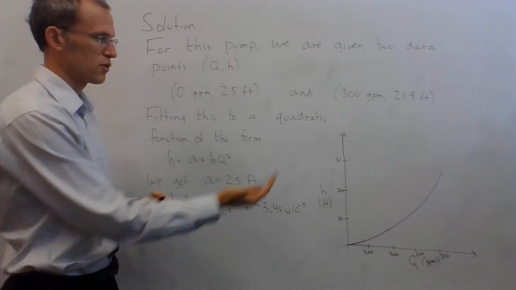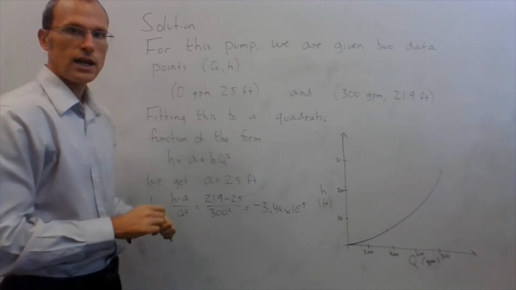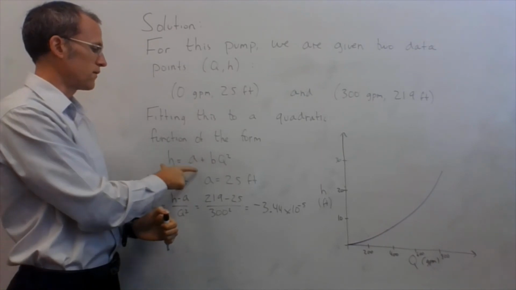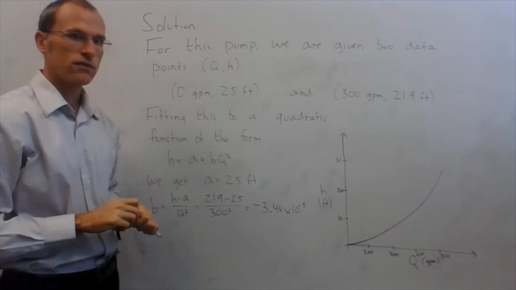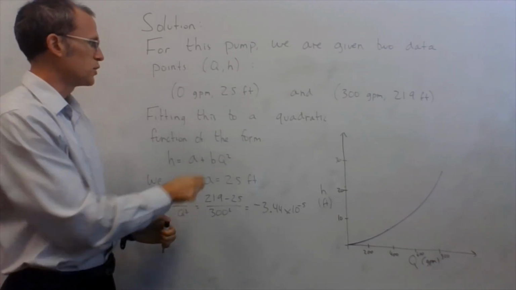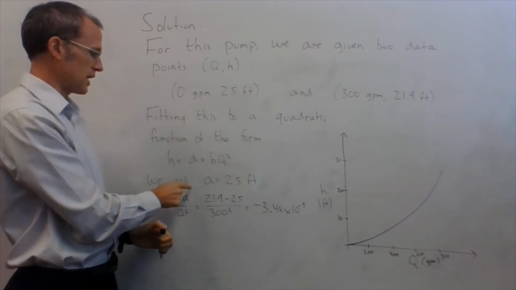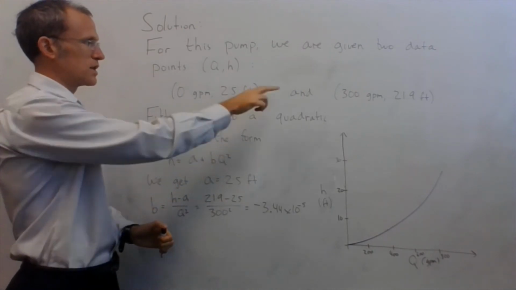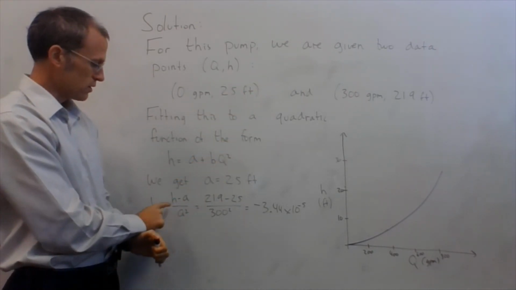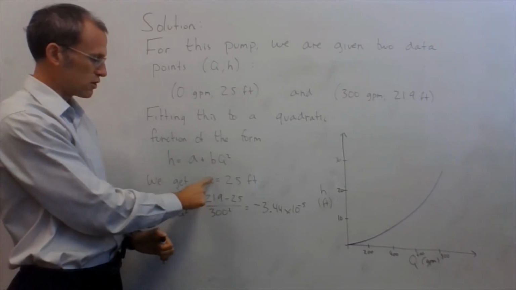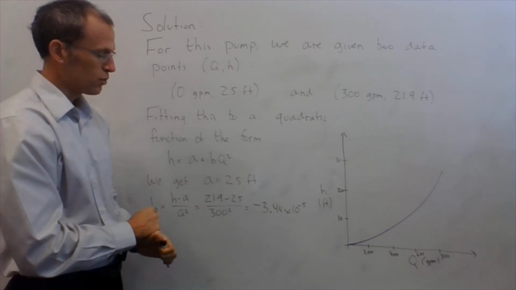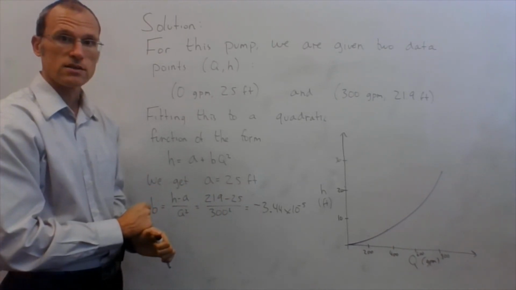The difference is that the system curve goes upwards, while the head curve generally goes downwards, but we can still fit these two data points to some function, similar to what we had for the system curve. H is A plus B Q squared. Using the first data point, it's fairly obvious that A is 25 feet. Then we can use the second data point to find B. So B is (H minus A) over Q squared. H in this case is 21.9, A is 25, and Q squared is 300 squared, which gives me minus 3.44 times 10 to the negative fifth as the value of B.